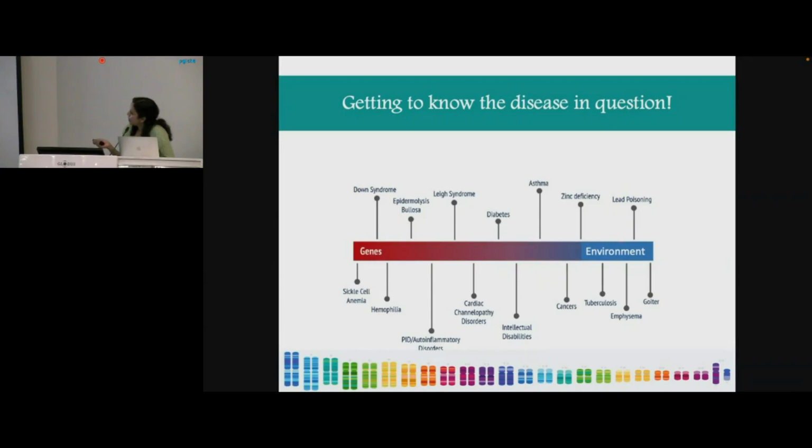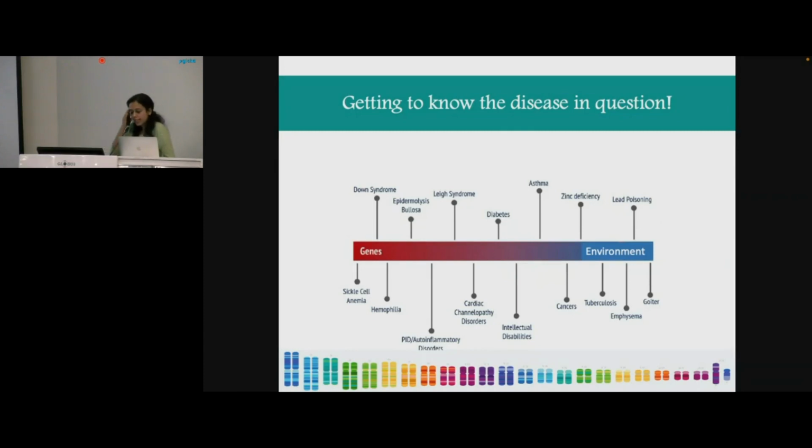Diabetes has both components. It can be either genetic or environmental; both factors are responsible. That's why it has been placed exactly in the middle of the bar. Similarly, cardiac channelopathy disorders and some intellectual disabilities can be due to genetic as well as environmental factors. Therefore, they have been placed near the middle.